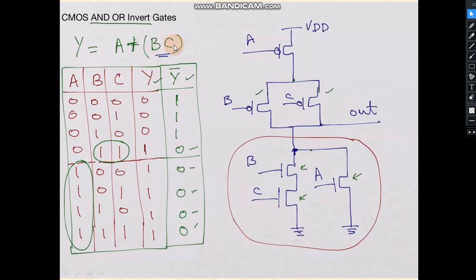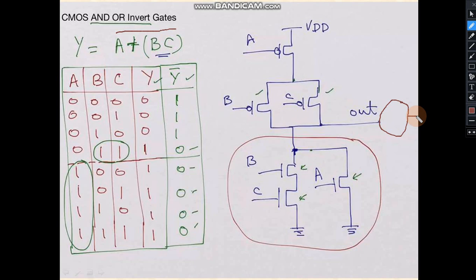As we all know, when I implement the expression a plus bc, I will get at the output the complement of this, that is (a plus bc) bar. So I have to apply one inverter at the output to get the output a plus bc.